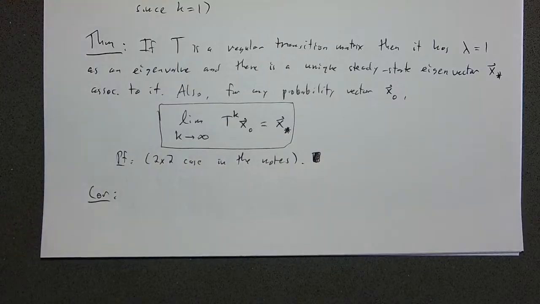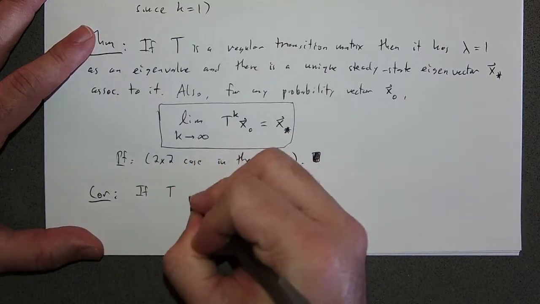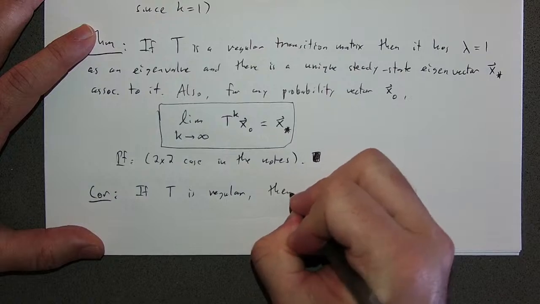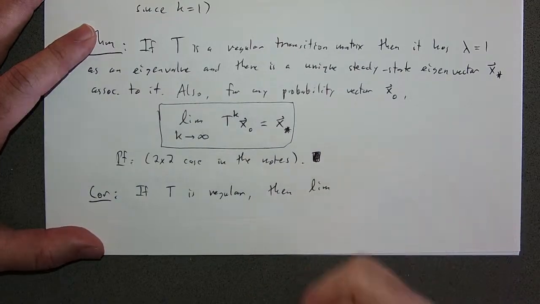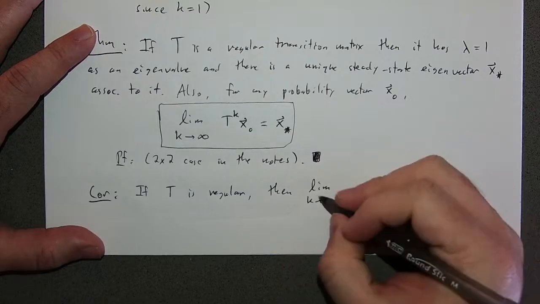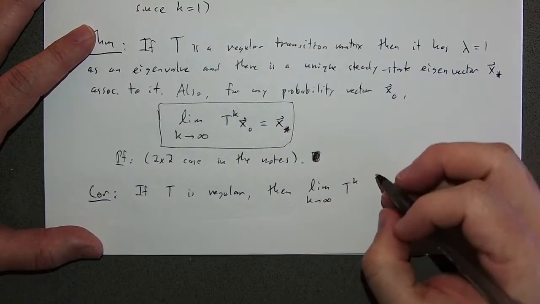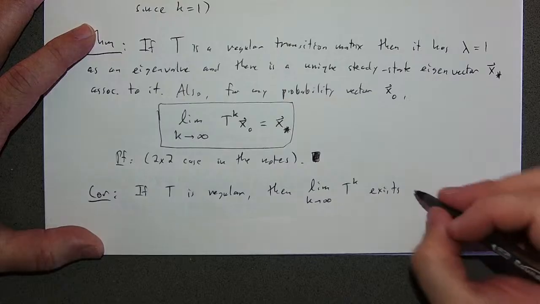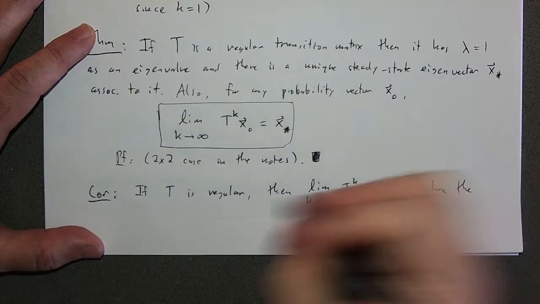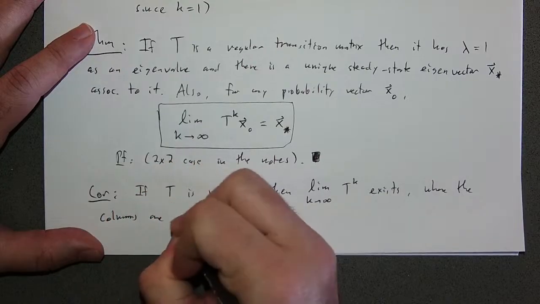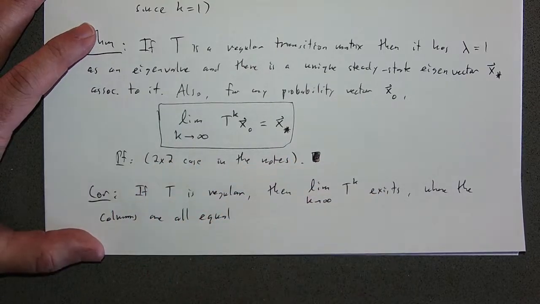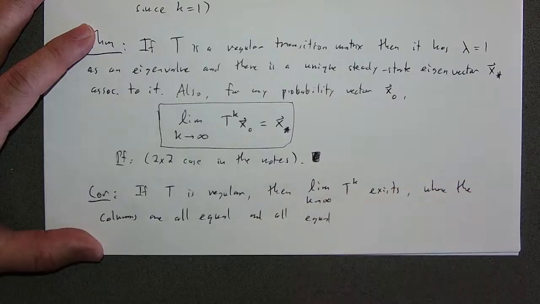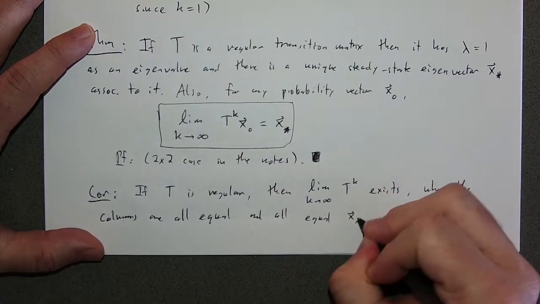So something that follows immediately from this theorem is, if T is regular, then the limit as k goes to infinity of T to the k exists, where the columns are all equal, and all equal x star.